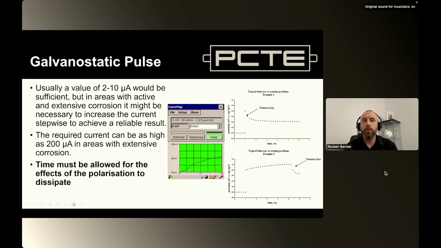What we're tending to do is that in our passive areas, we'll use a low current, because obviously we're just guessing the current at that point, trying to get a good graph. If we get a good graph, then we take that reading. If we find that our graph is not corresponding to what we expect, we might increase, say, the current. That might be in a corrosive area, so we need more current to be able to shift it. And so we just basically have that sort of iterative process.